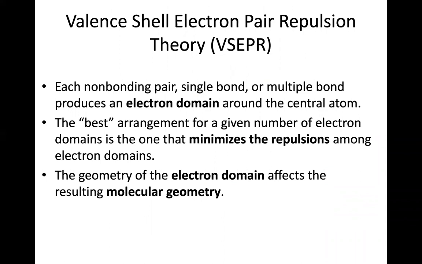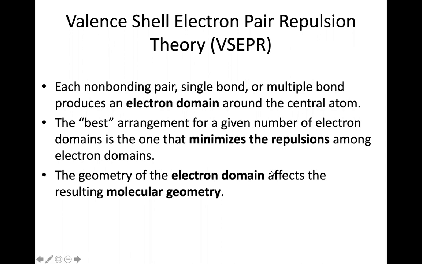Those are the different ways the electrons could be around a particular atom. And the arrangement that they adopt is going to be the one that minimizes the repulsion amongst these. If we're taking different electrons and putting them around the central atom, we want them to spread out as much as we can. Electrons repel other electrons. So we're going to choose a geometry that spaces everything out as much as possible.